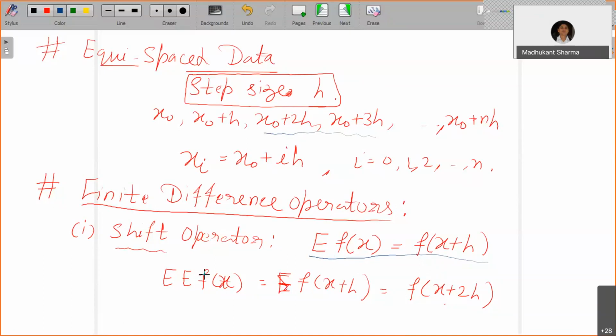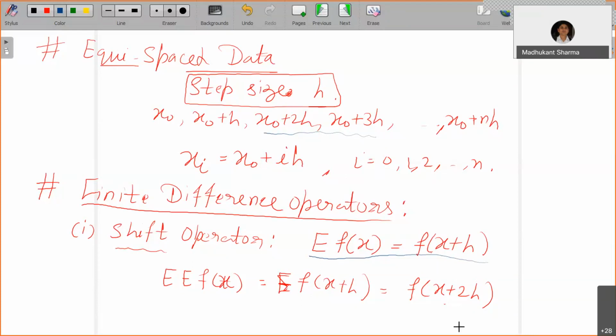When you apply E again, following the definition, that will give you f(x plus 2h), two steps ahead. Applying E two times gives you the function value two steps ahead.